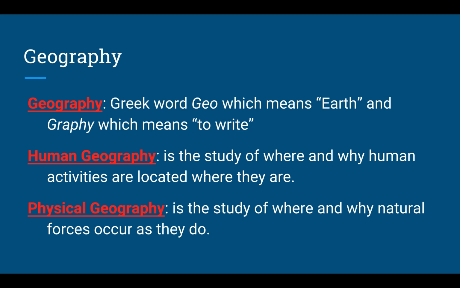We could literally tie everything from our world history class into one of these two categories. It's very important that we start off in the very beginning of the year talking about geography, because when we do start talking about history, it will definitely be tied in. So make sure that you write down on your notes these three definitions for the terms geography, human geography, and physical geography.